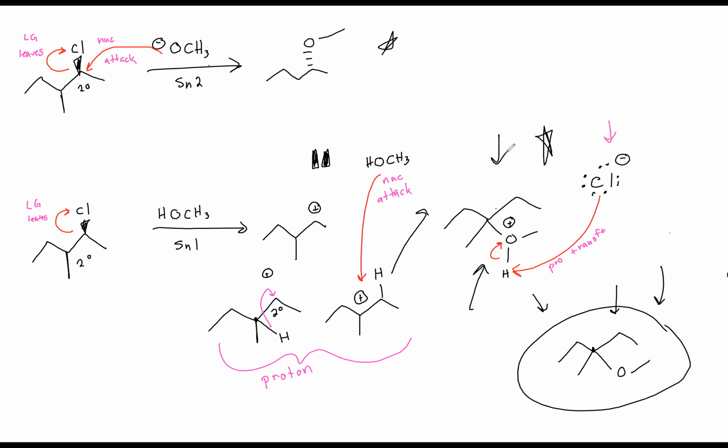Because again, remember, Sn1 will use the weak nucleophile, which usually has a hydrogen to sort of get rid of its negative charge. So a lot of the time, 90% of the time, you're going to do a proton transfer at the end of your Sn1 reaction. Okay? All right, so I think I've covered everything for Sn1, Sn2, and now I can do the practice problems.